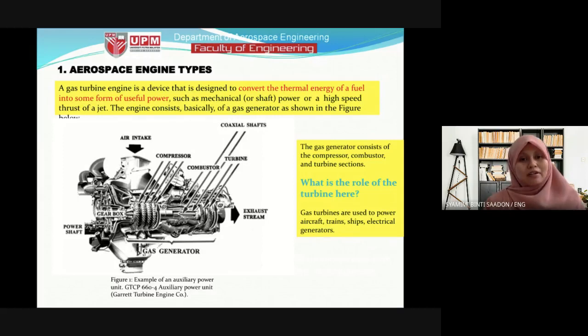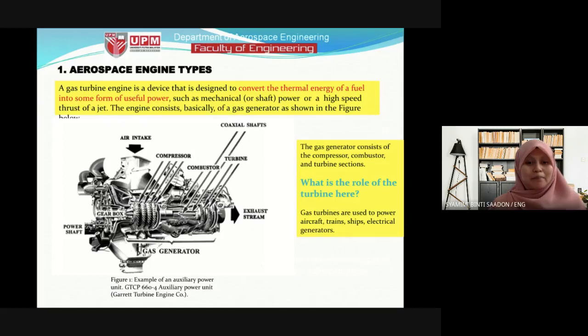That is the main function, the main role, because an aircraft engine needs thrust power to propel, to move. The basic engine consists of what we call a gas generator. The gas generator consists of three main parts. These three main parts we have seen last week, right?